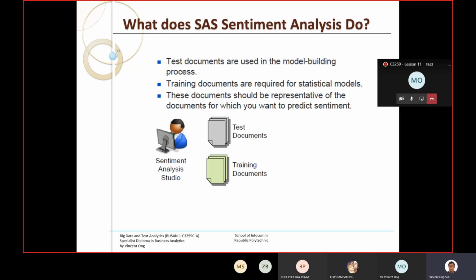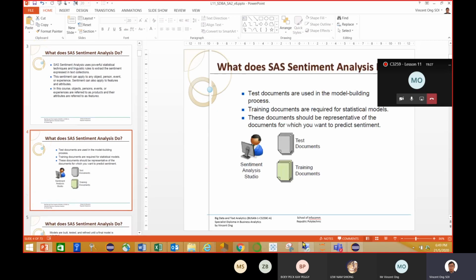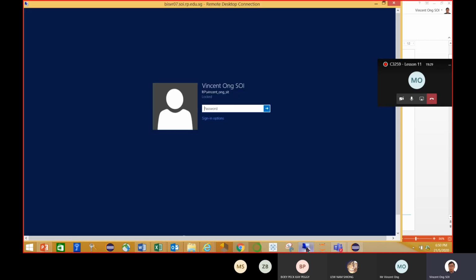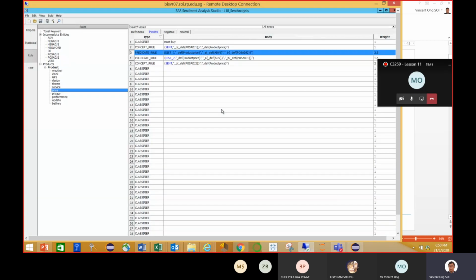Let me open it up so you can see. All right, you can see that this is the interface of the software.